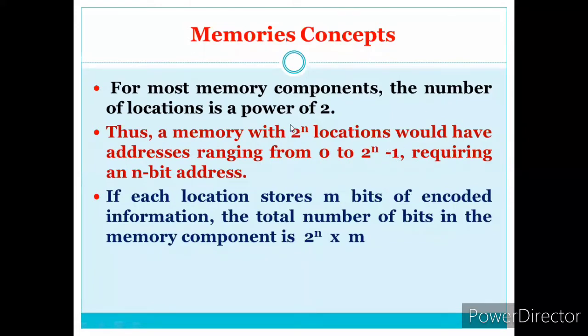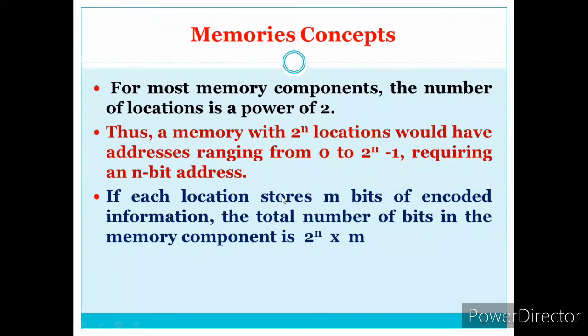It means it requires an n-bit address. So to represent 2 raised to n locations, we require an n-bit address. Okay, now each memory system consists of m bits of encoded information.